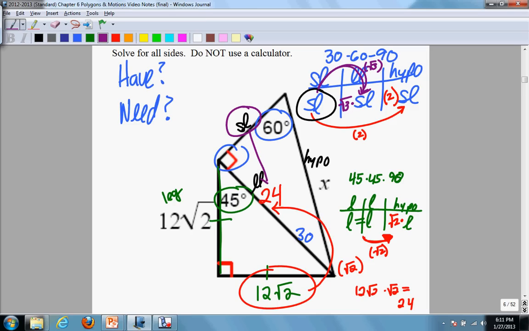So we draw an arrow here, times by root 3. So what we have here is the short leg, so we have something times by root 3 is 24. Something times by root 3 is 24. Let's backtrack and find that something.